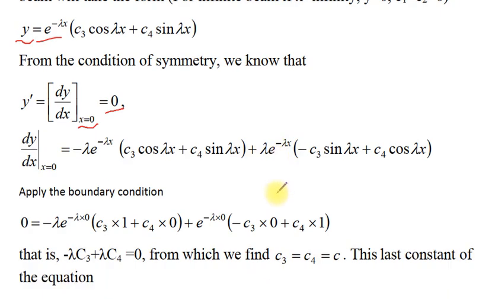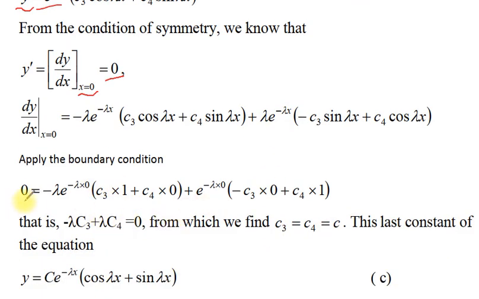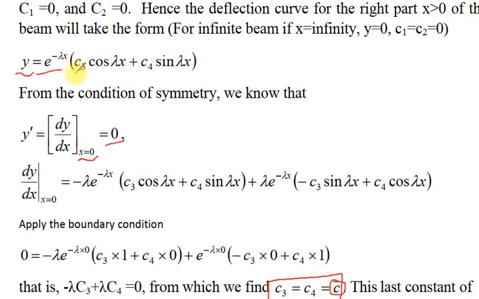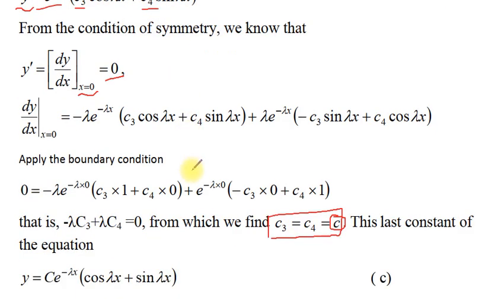Replace x by 0, we will get minus lambda c3 plus lambda c4 equal to 0, which leads to c3 equal to c4 equal to c, a constant. These two constants, according to boundary condition number 2, will be the same. We will call them c.